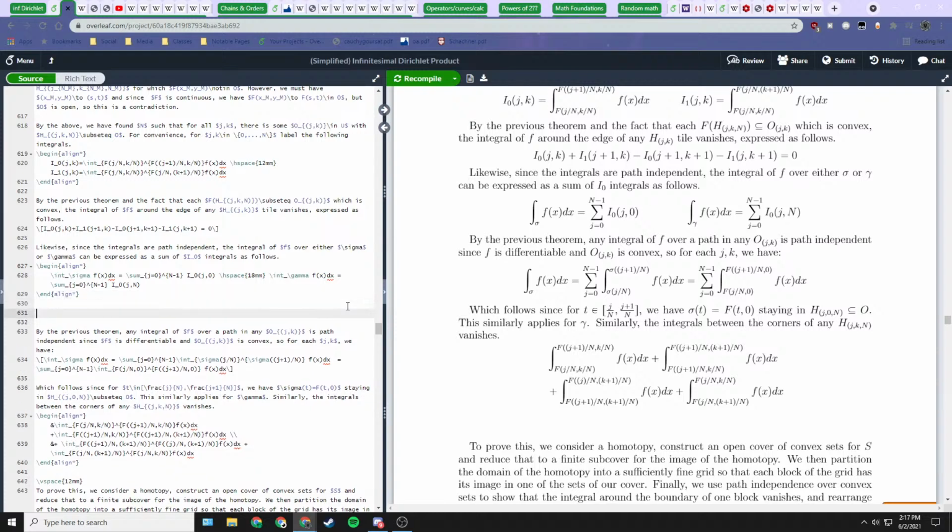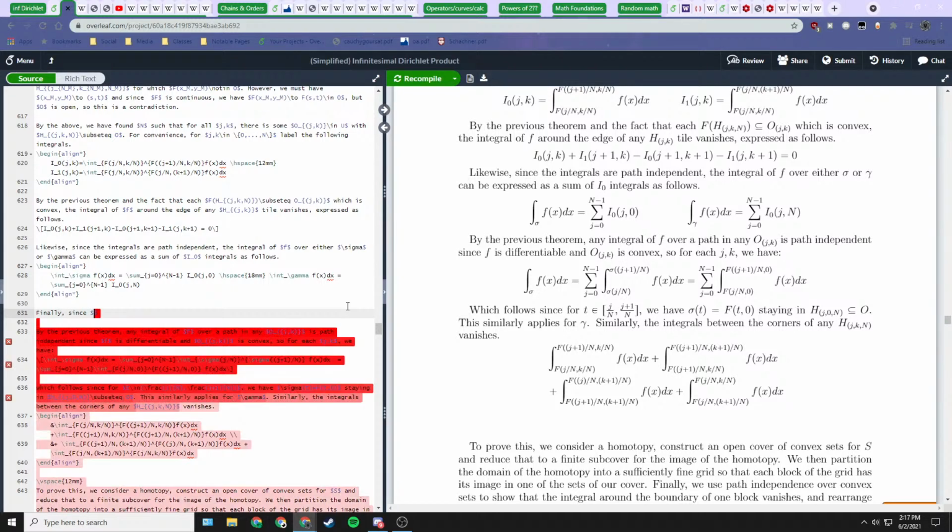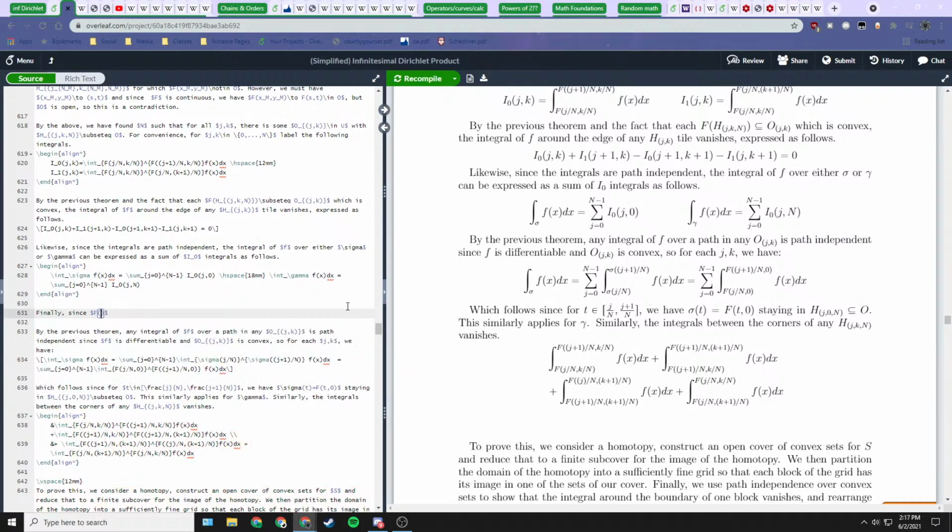So this is enough, actually. I think this should be enough. Almost. Since we have f of, we have t, oh, let me think. It's the vertical s.